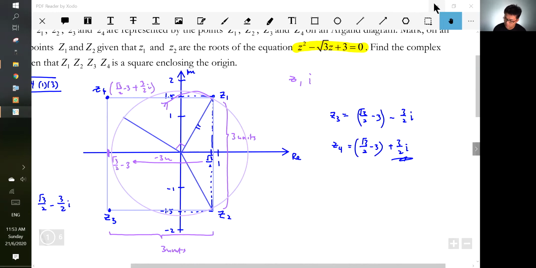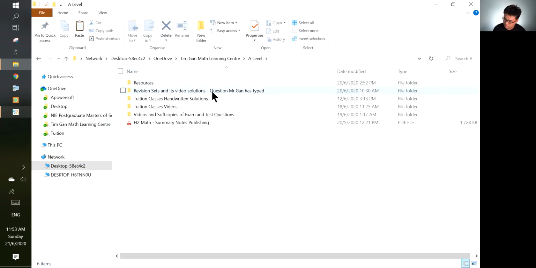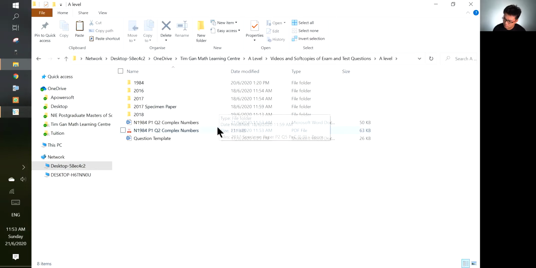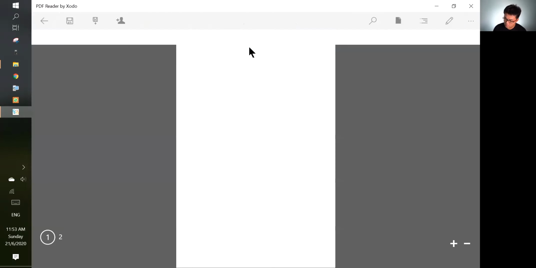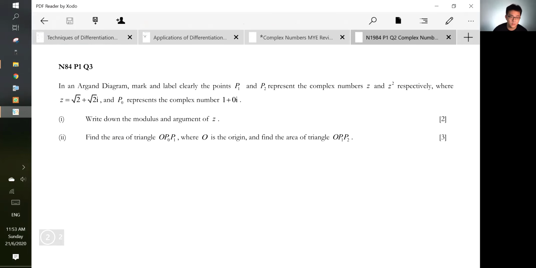Let's look at the subsequent one. I'll see what the response is. The first one is pretty okay. A lot of you were able to do the first one, so I'm just going to do the first one quickly.